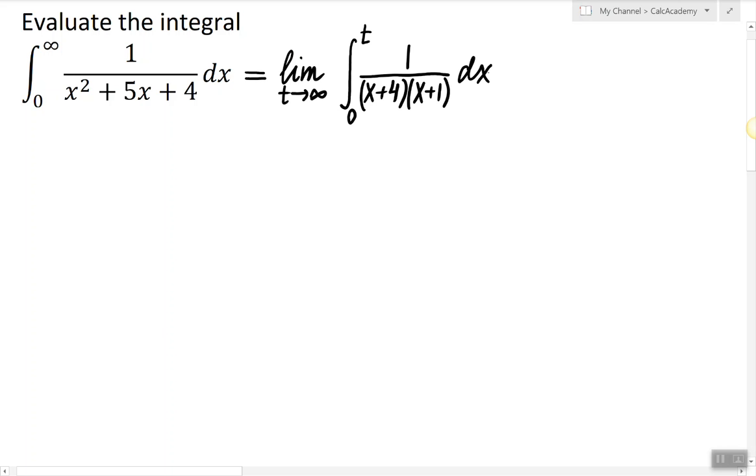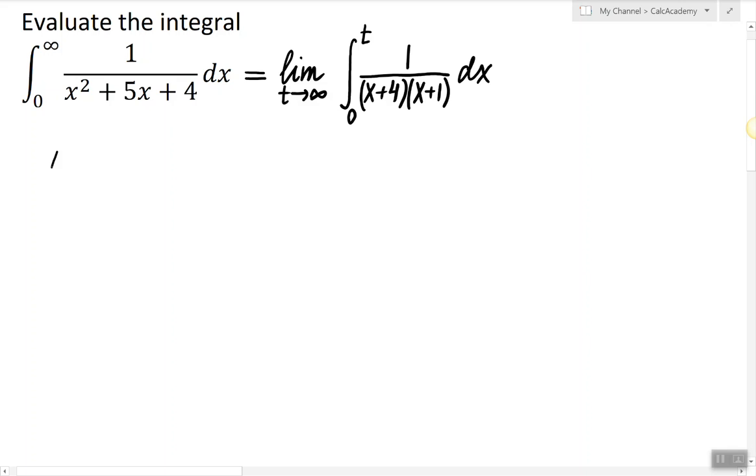Now, in order for us to integrate this rational function, we have to decompose it using the partial fraction decomposition method. So let's do that over here.